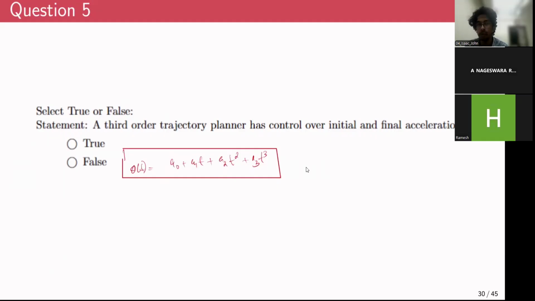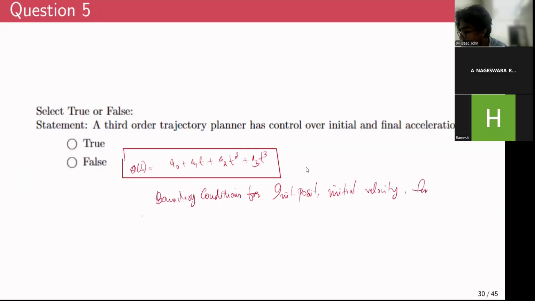So we have boundary conditions for initial position, initial velocity, then final position, and final velocities.